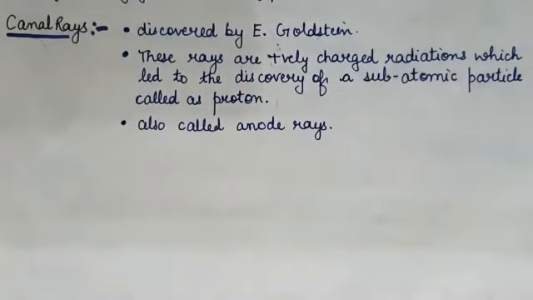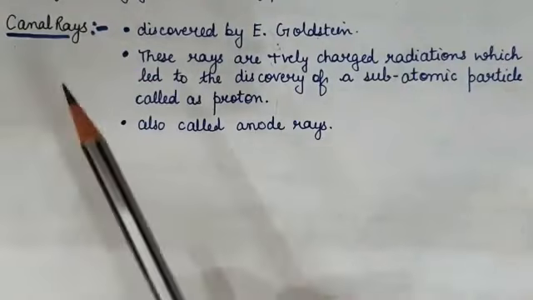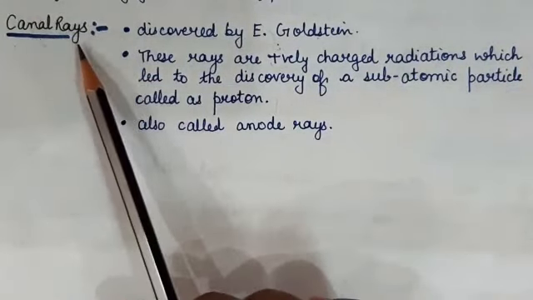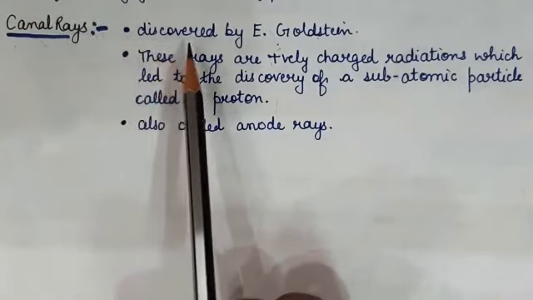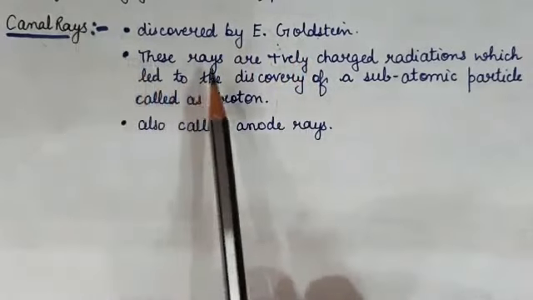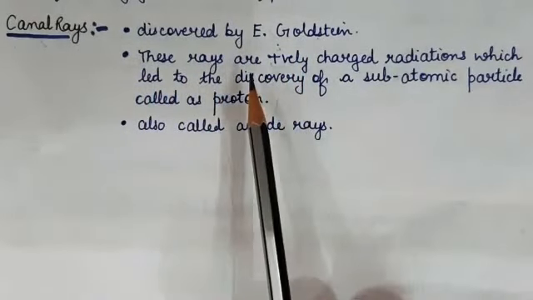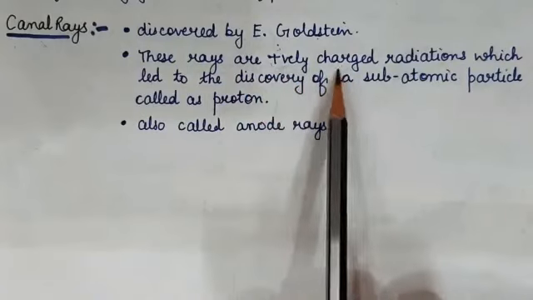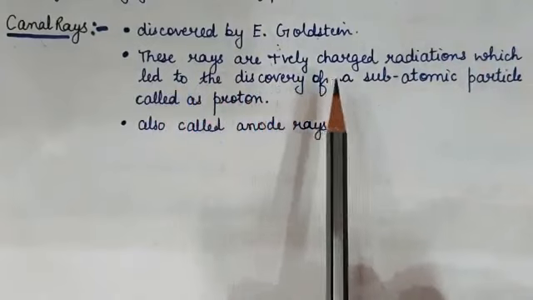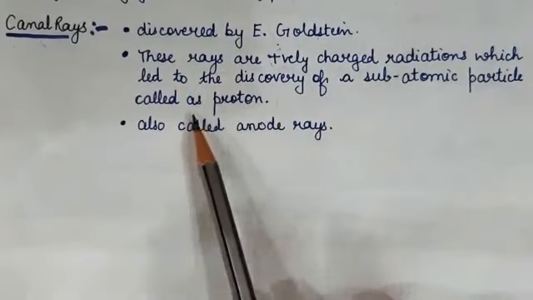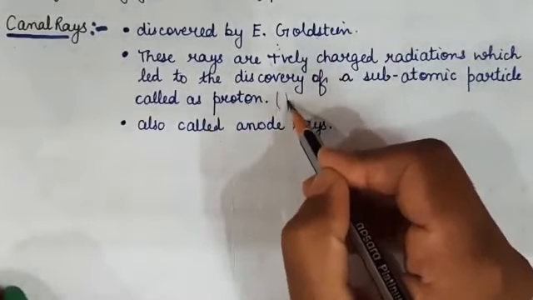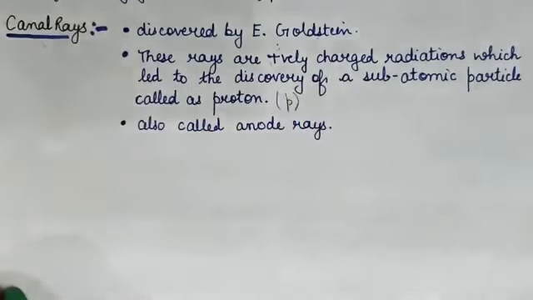There is an important term which is given in your NCERT book, that is canal rays. So what are canal rays? They were discovered by E. Goldstein. Canal rays are positively charged radiations which led to the discovery of a subatomic particle called proton, represented as small p.